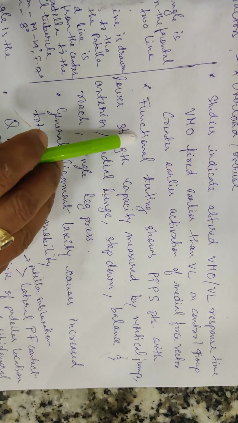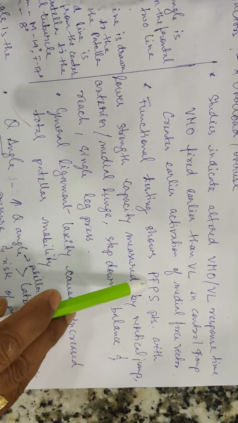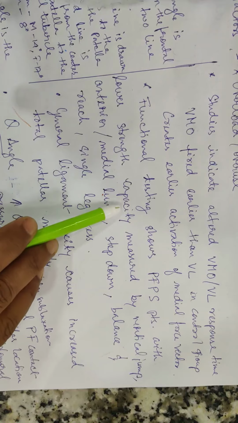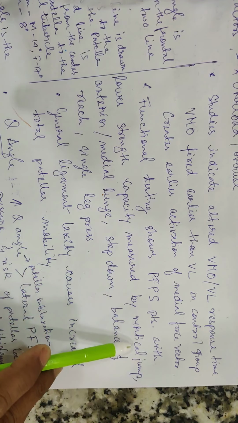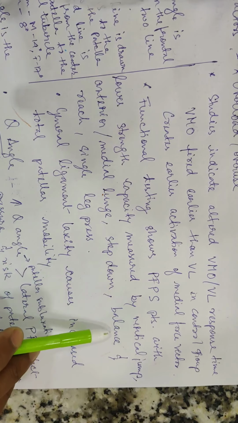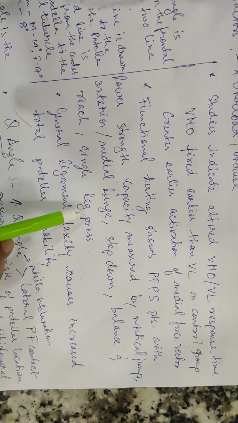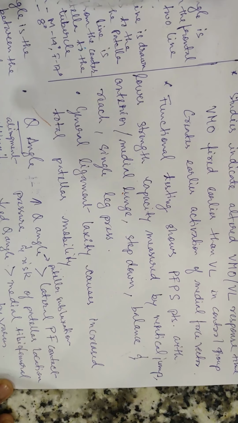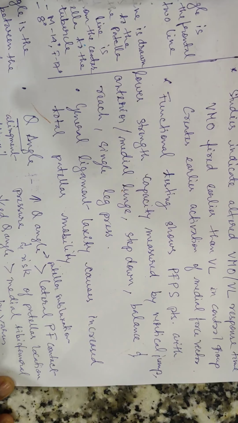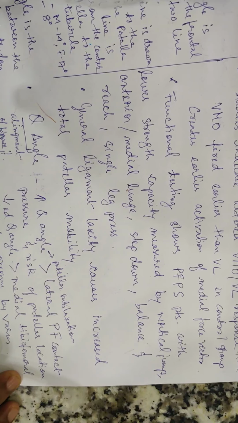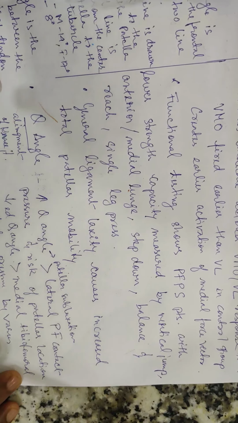Then functional testing shows that patellofemoral pain syndrome patients have lower strength capacity, measured by vertical jump, anterior medial lunges, step down, balance reach, single leg press. All this we can see in functional testing, and it shows that patients with this syndrome have a lower strength capacity. General ligament laxity also contributes, and it causes increased total patellar mobility.